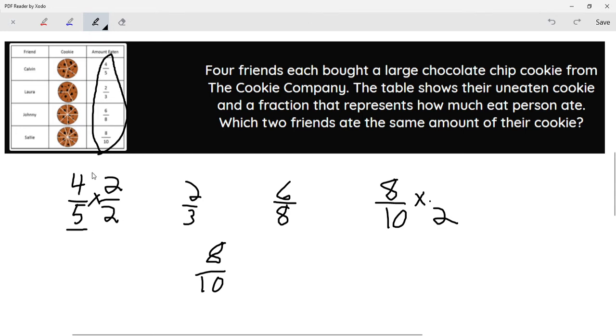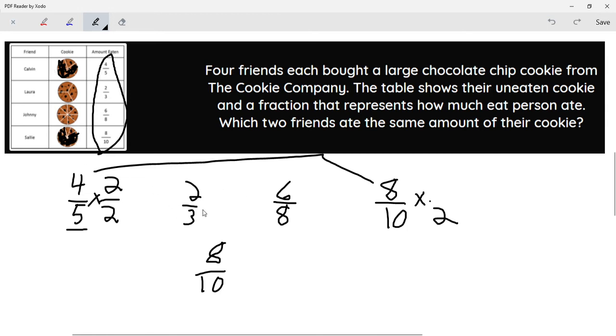So actually, on our first try, we see that 4/5 and 8/10, so Calvin and Sally, have the same amount of their cookie left. And technically, we could color in the amount of cookie and see that it's actually the same amount left. Okay, so Calvin and Sally.